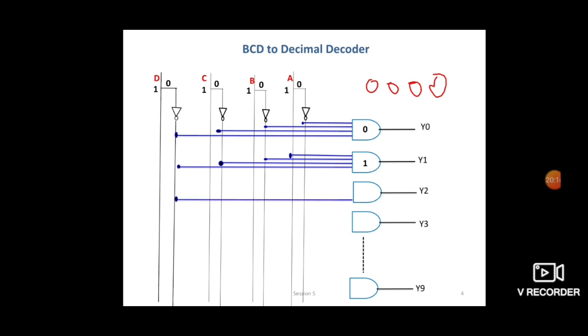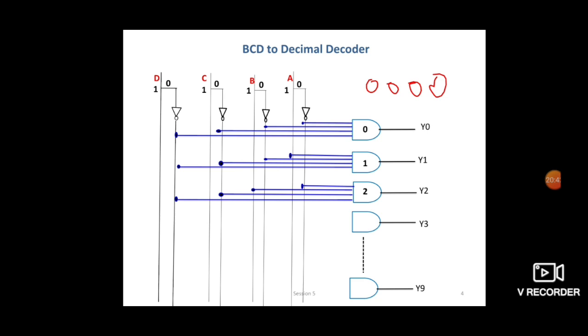See, second means 0 0 1 0. This 1 is connected as it is, and the others are connected through NOT gates. The 0s pass through the NOT gate. Y2 gets output 2.